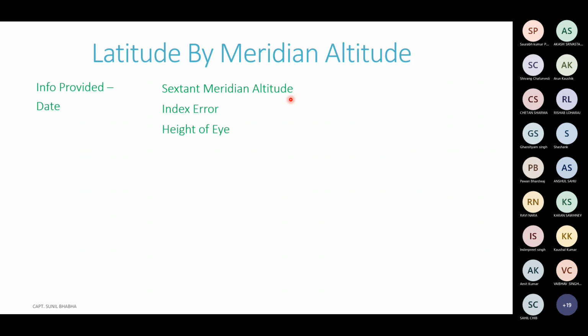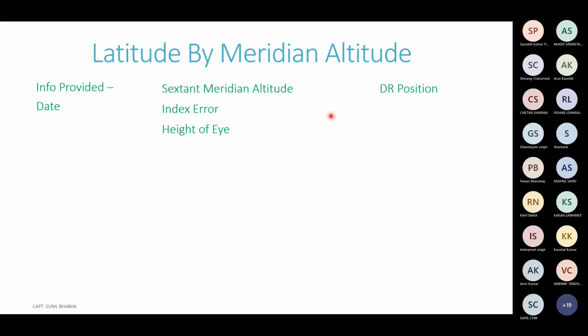They will give us the sextant altitude and an indication that it was the meridian passage. So sextant altitude at the time of Marpas is known as sextant meridian altitude. Then to correct this sextant altitude, they will provide us the index error of the sextant and the height of eye of the observer. This is required for the dip correction.